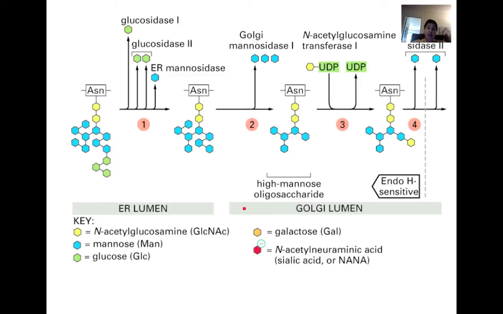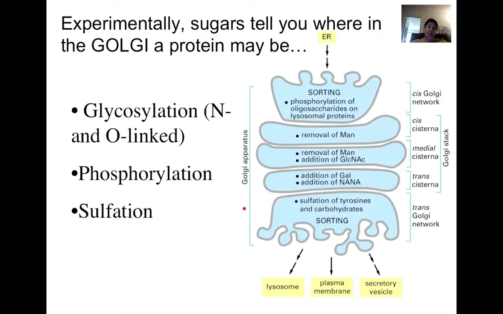In the Golgi, there's the Golgi mannosidase, there's the N-acetylglucosamine transferase, there's the Golgi mannosidase 2. You don't have to remember those names. There are different enzymes in different compartments that are going to modify the proteins by changing the carbohydrates that are added to them. But there are also additional modifications that can occur.